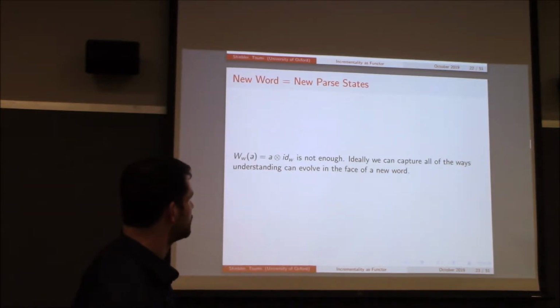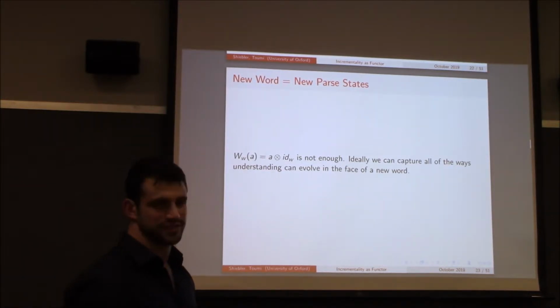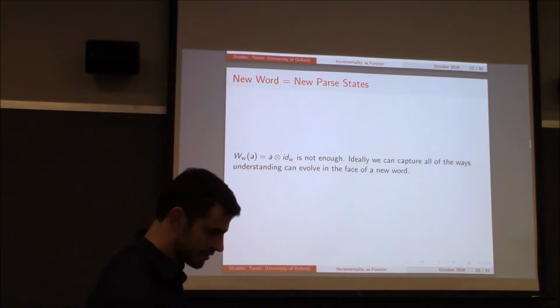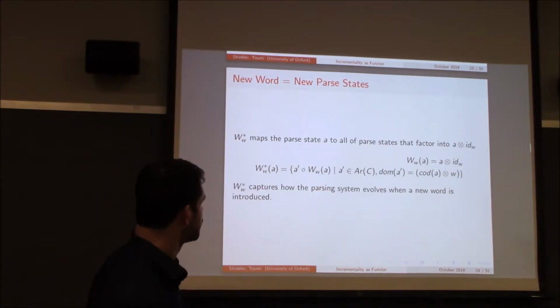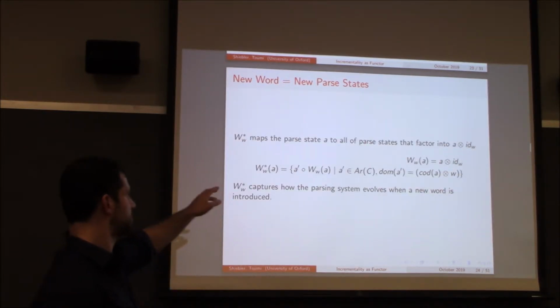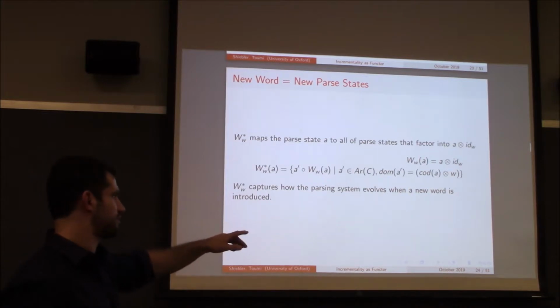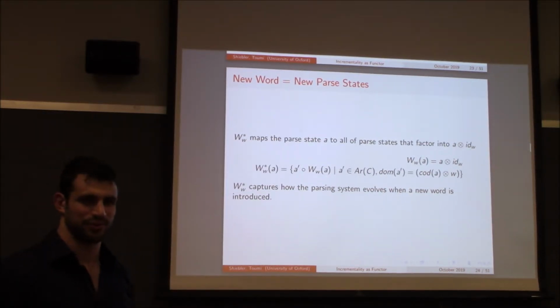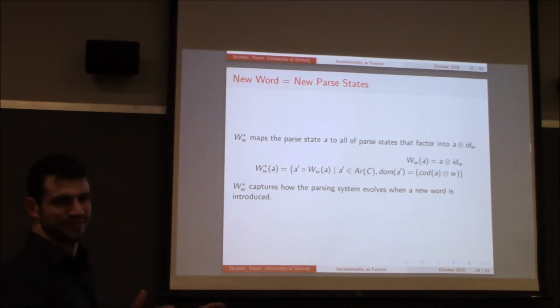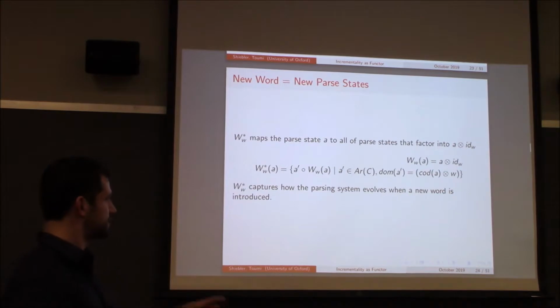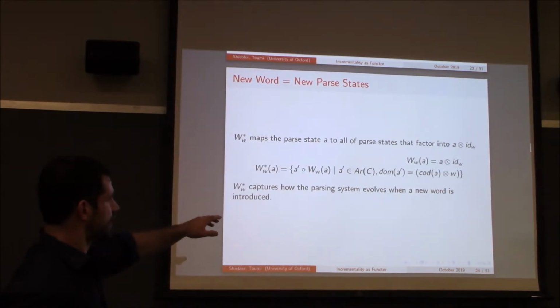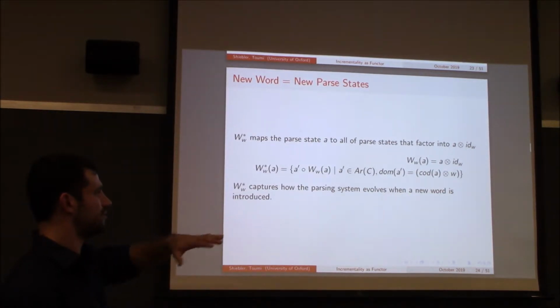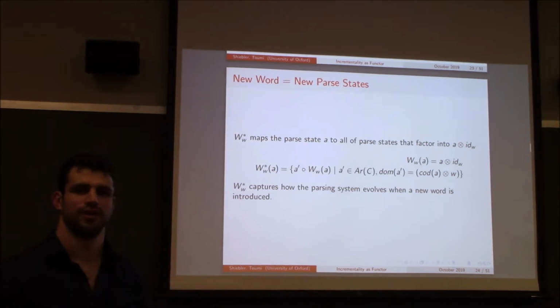So ideally we can capture all of the ways this understanding can evolve in the face of a new word. The way we do that is we define this mapping, which looks very strange right now, but I'm going to relate it to something that makes a lot more sense in a moment. We're essentially trying to capture how our system might evolve once a new word is introduced.